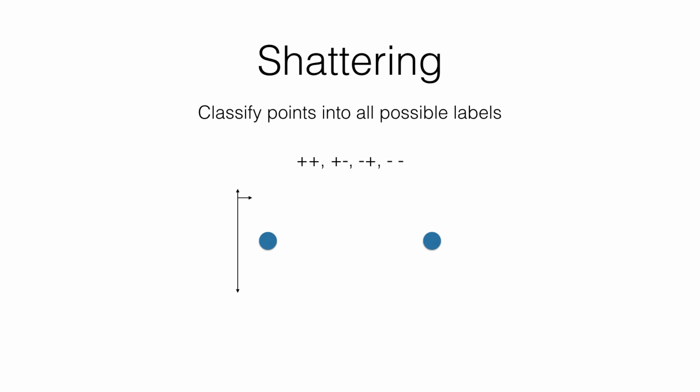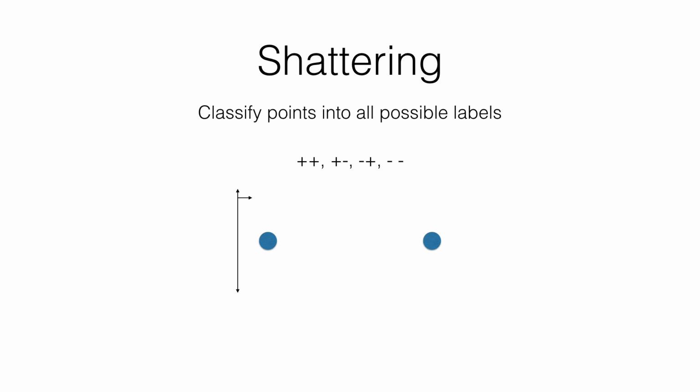And it's usually easiest to think about this in terms of binary classification, though there is an analog in multiclass. So in this example, the 2 blue dots are our 2 points. In order to shatter these 2 points, we have to be able to label them in all possible ways, which is plus plus, plus minus, minus plus, and minus minus.